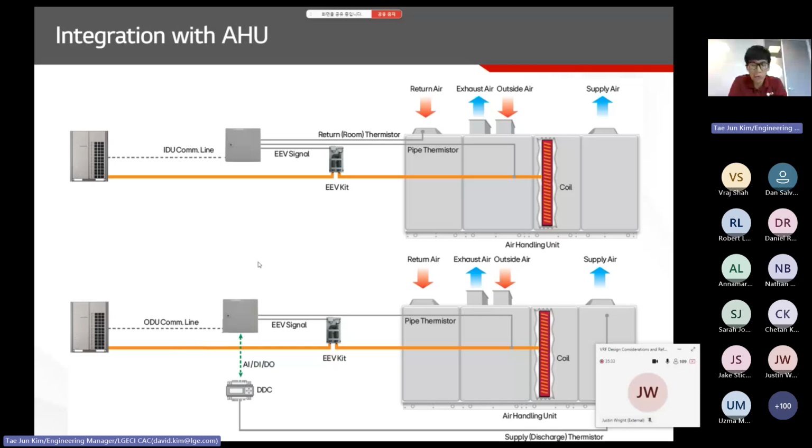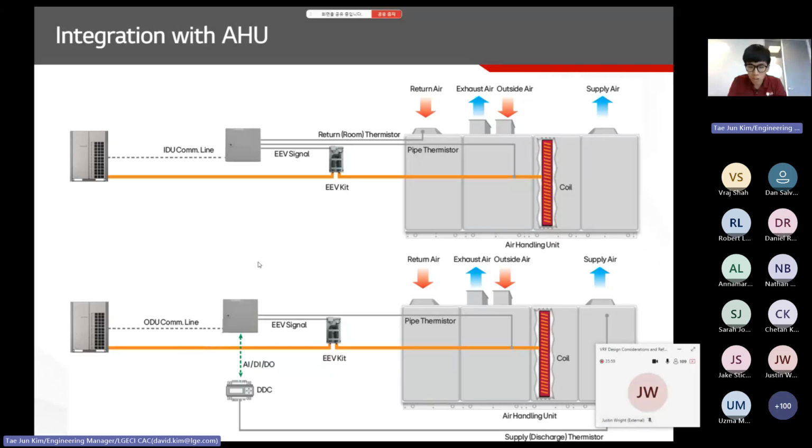Many of the VRF equipment are capable of communicating with a third-party AHU using something called a communication kit and also the built-in EEV kit. By using these two accessories and control kits, you can control the AHU based on the return air temperature, which basically makes it just like any other VRF indoor unit.